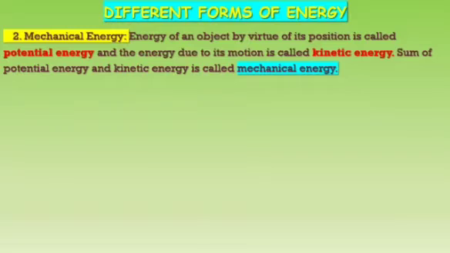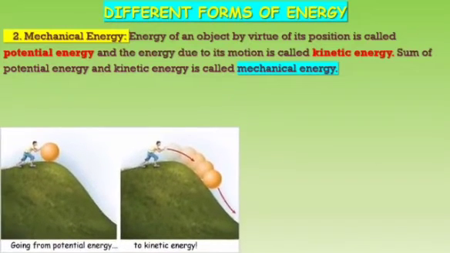Any object has some energy in it due to its state of rest or its position, wherever it is. That energy is called potential energy. And the energy due to its motion is called kinetic energy.